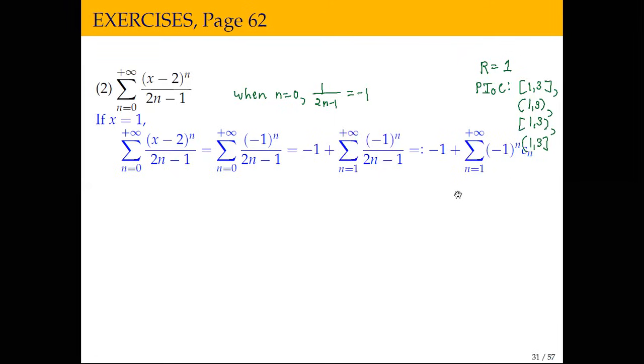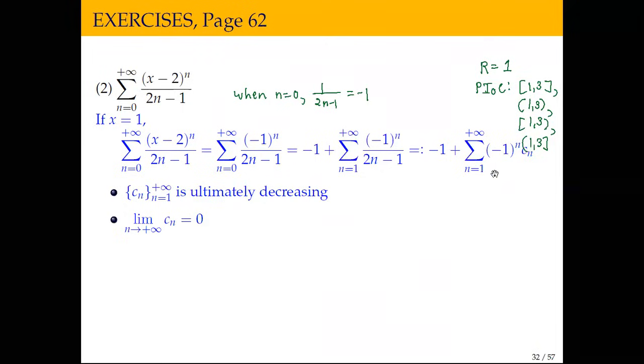For us to apply the alternating series test, we have to verify two things. These two things are whether the sequence is ultimately decreasing and whether this limit is equal to 0. If these two things are true, then we say that this infinite series converges by the alternating series test.